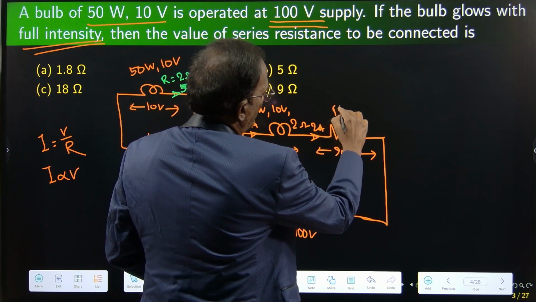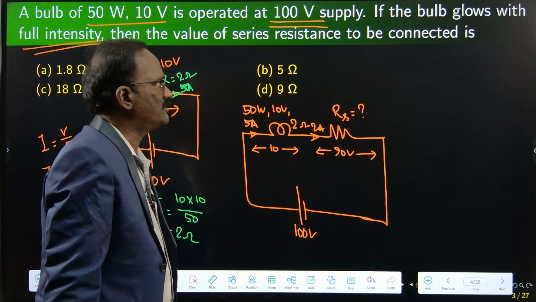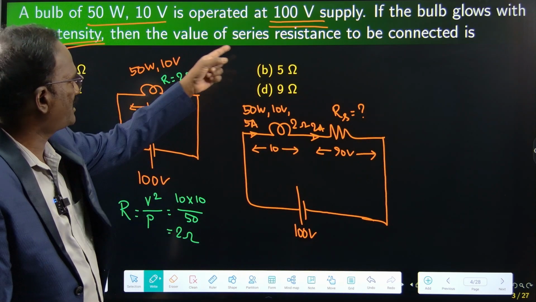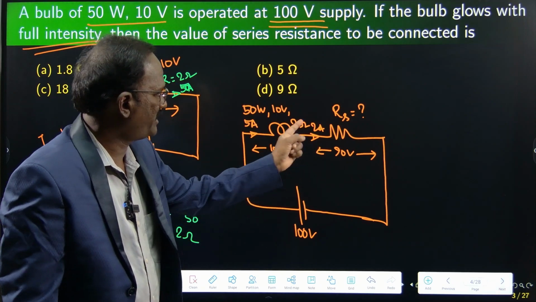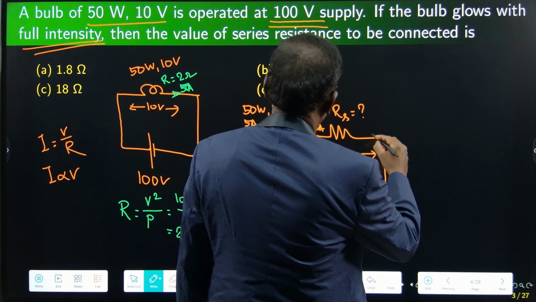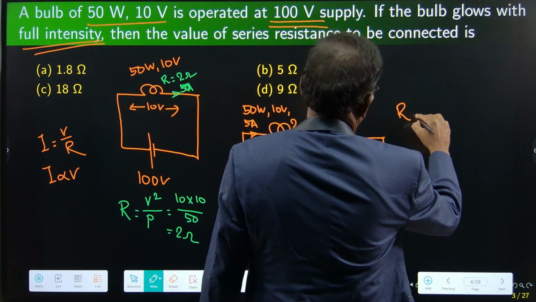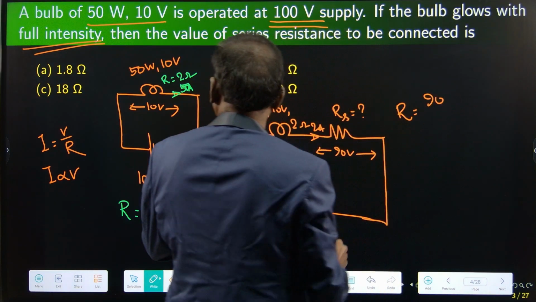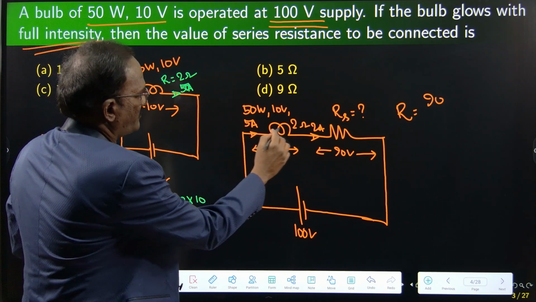Now the value of the series resistance RS is to be found. The question is to find the value of the series resistance. V by I, Ohm's law. So 90 divided by R is equal to the current value, which is 5 amperes, right? This is 5 amperes.